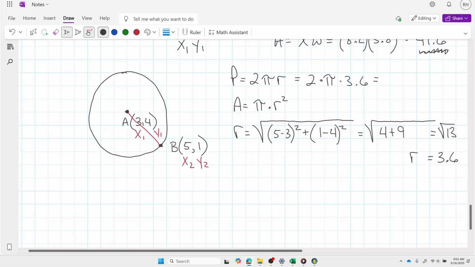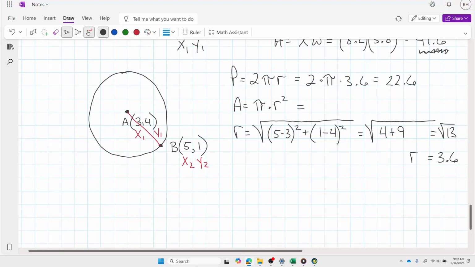And you're better off just using that pi button anytime that you have the pi symbol in an equation. So you can push 2 times pi button times 3.6. And what do you get? 22.6. Good, 22.6 for a perimeter.